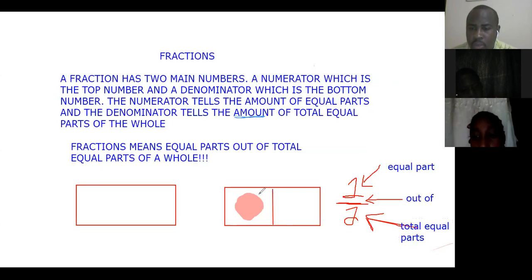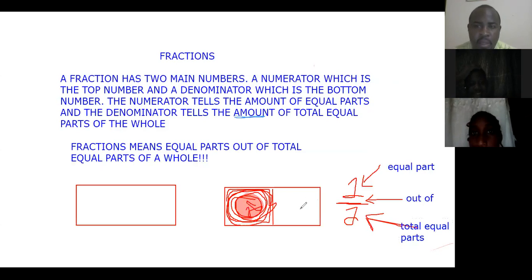Total of 2 parts that are the same size, but there's 1 equal part that has something in it, as you said before. Okay? So this part is the only equal part that has something in it, or it's the only equal part that I gave to somebody, or that I'm talking about right now. This part is not in consideration. All right? Good so far? Yes, sir.